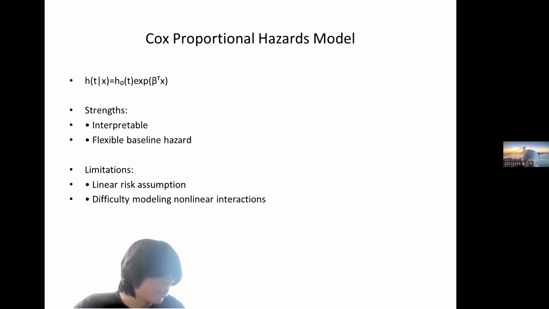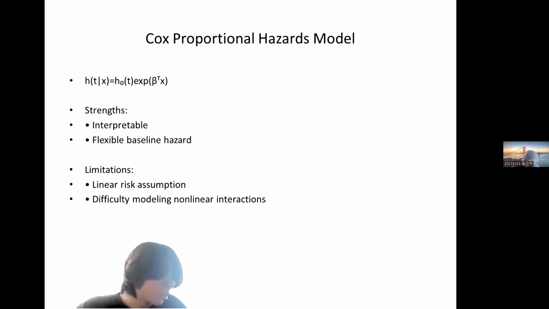Another limitation is the proportional hazards assumption, which may not always hold in practice. The assumption means that the relative hazard between individuals remains constant over time. However, in reality, these relationships may change dynamically over time.